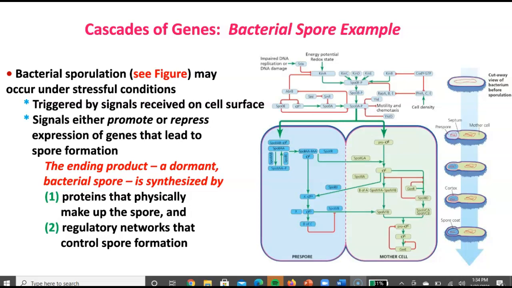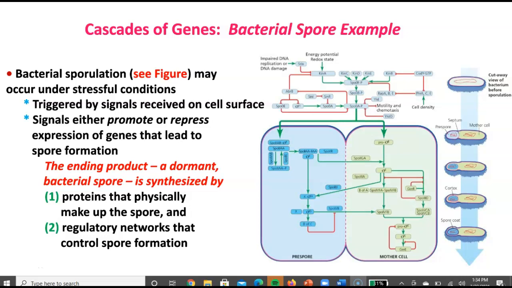And this bacterial spore is put together or synthesized by, number one, proteins that physically make up the spore, and number two, regulatory networks that control spore formation. So go back and look at the slide that we just came from, because both of these components, number one and number two, were mentioned on the previous slide.